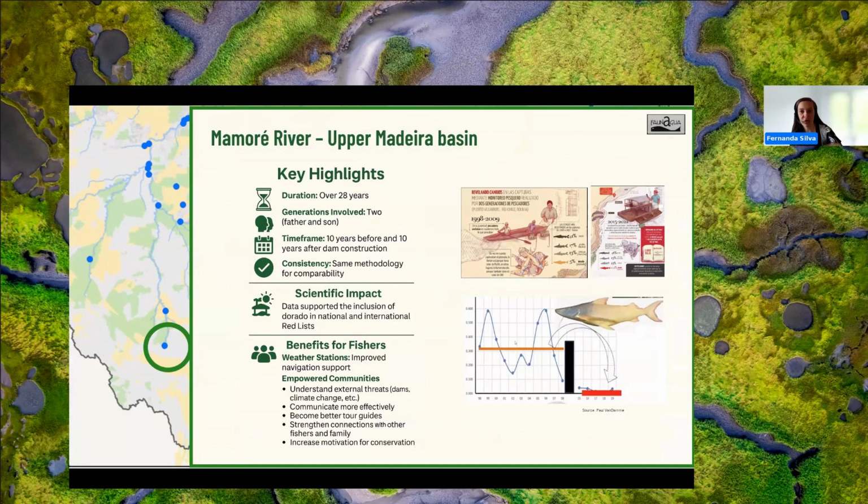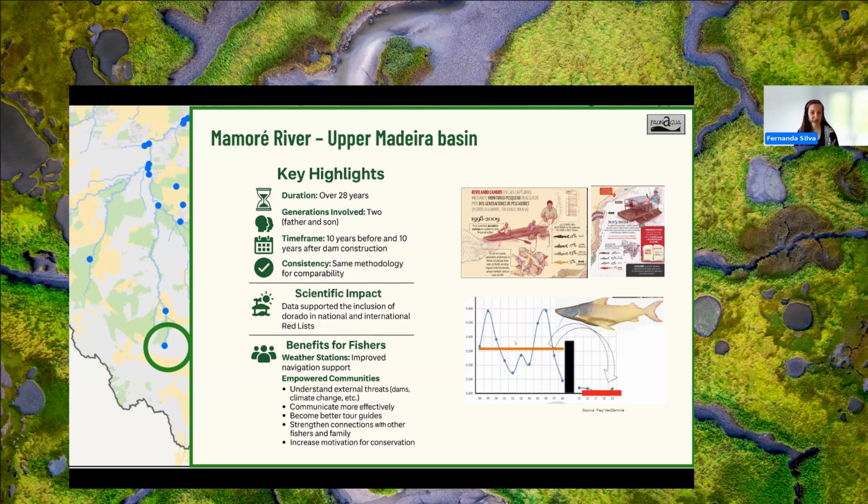I will show the case of the Mamoré River in the upper Madeira Basin, which is a sub-basin in the Amazon. This area is located on the Bolivian-Brazilian border.